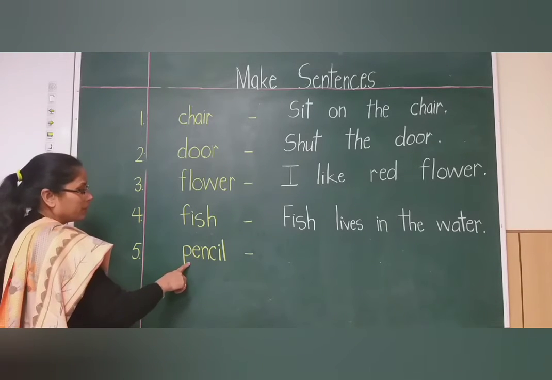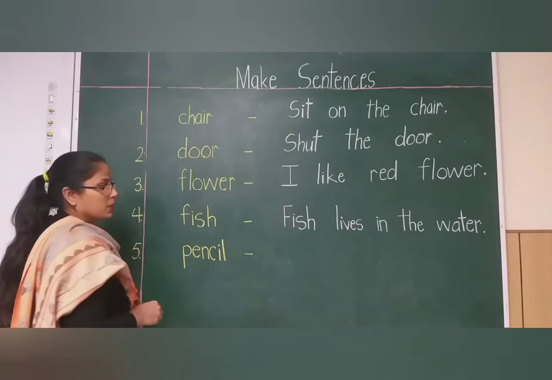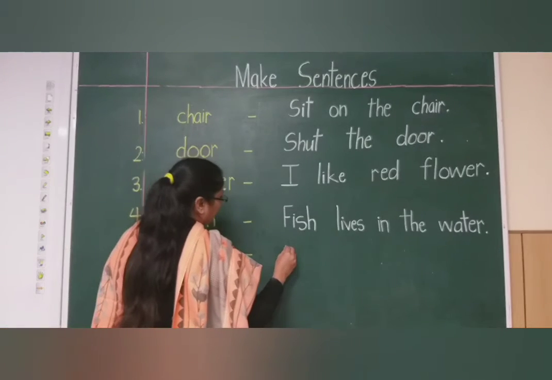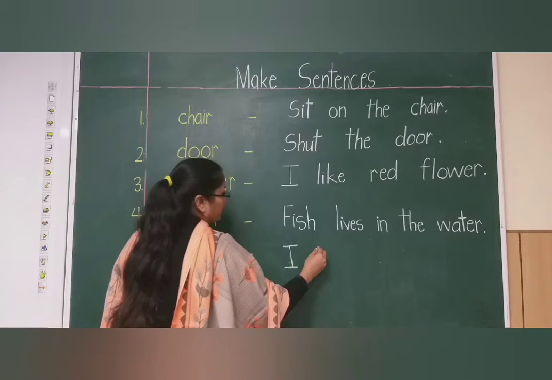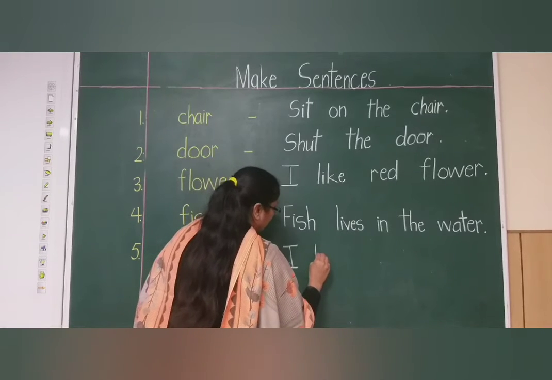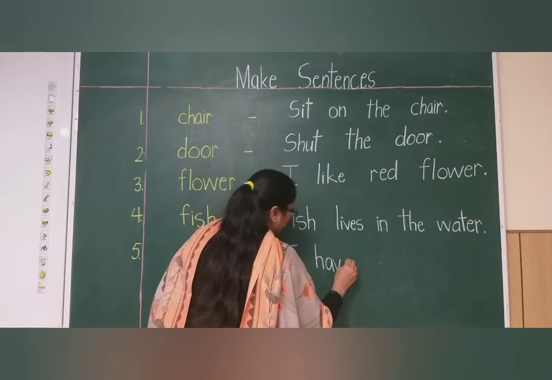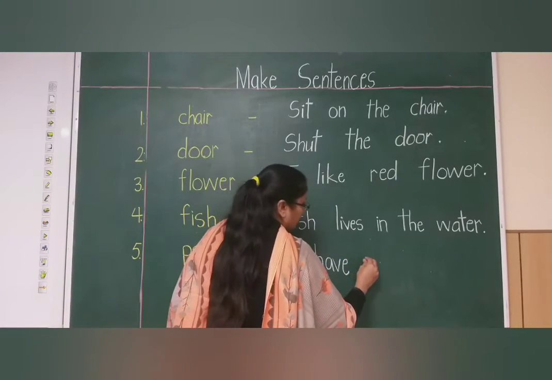And the last word we have written here is the word pencil. You can make any sentence, but we have written here: I have. Which color pencil do you have in your box?